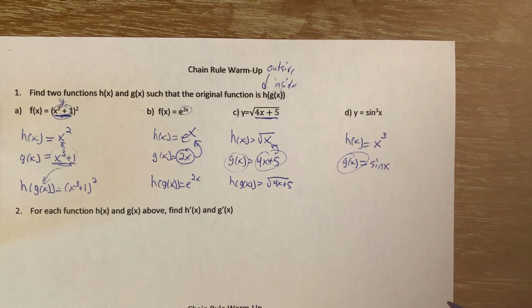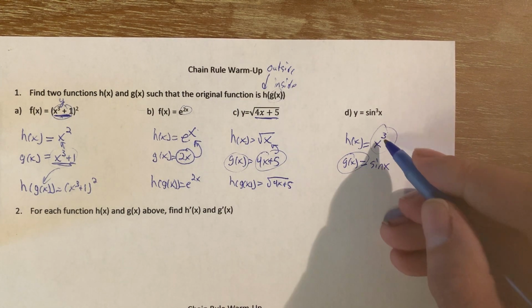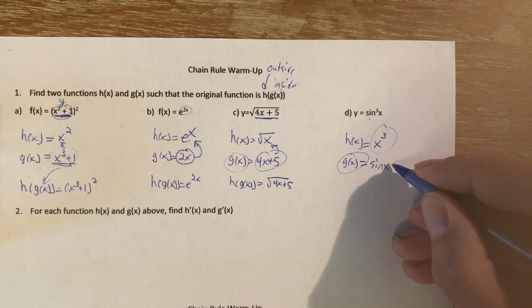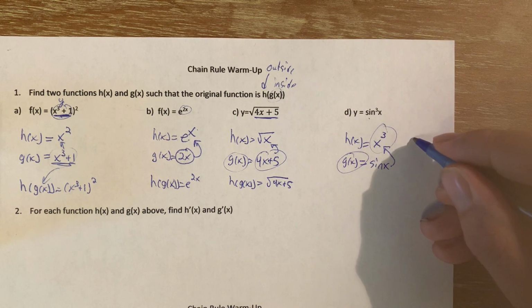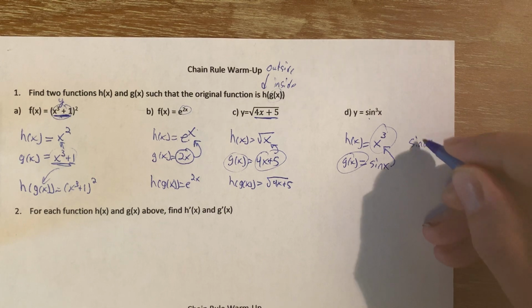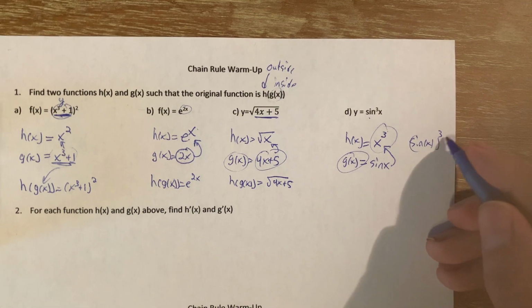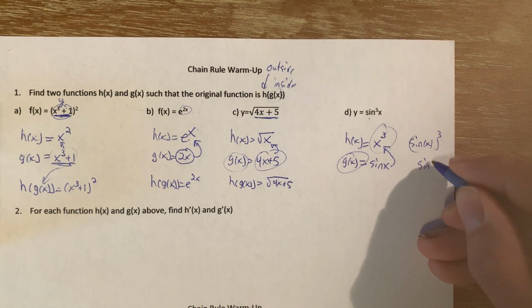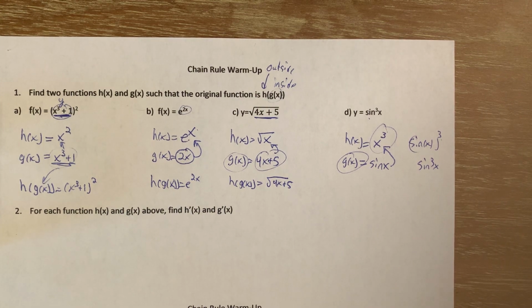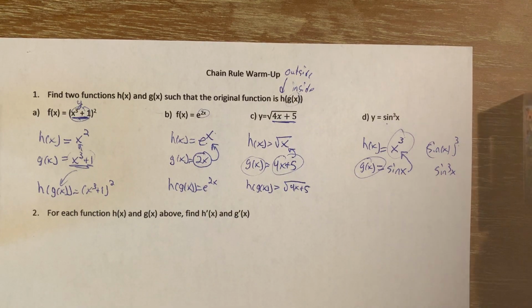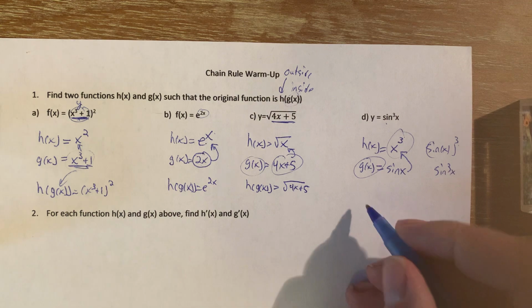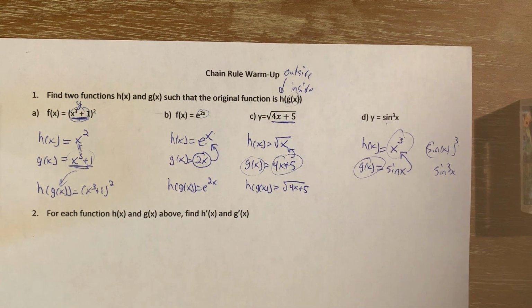So x cubed is the outside function, and when we plug it in, it would say sine of x cubed, and the way we write that is sine cubed of x a lot of the time. So I hope we recognize that that is what's going on there. So that is h of g of x.